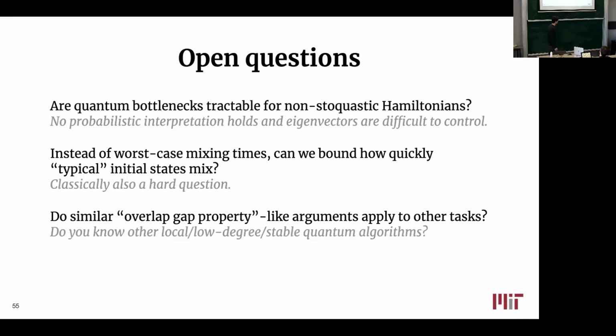And then the last thing, which I'm probably the most excited about, is trying to see if these same kinds of ideas can be applied to things outside Gibbs sampling. Because in the classical world, there's this whole community of people who work on lower bounds that match stable algorithms.